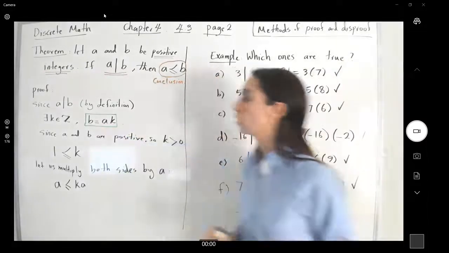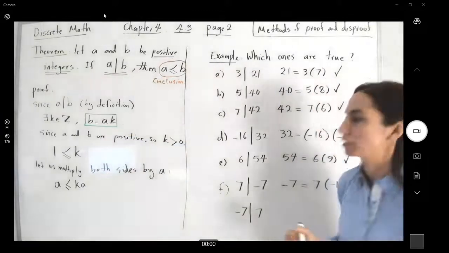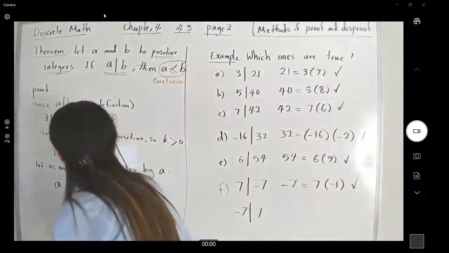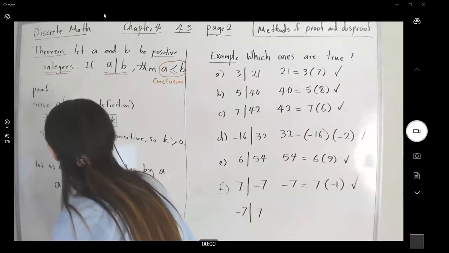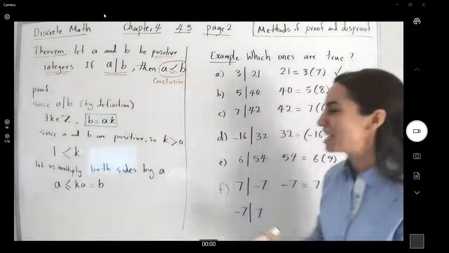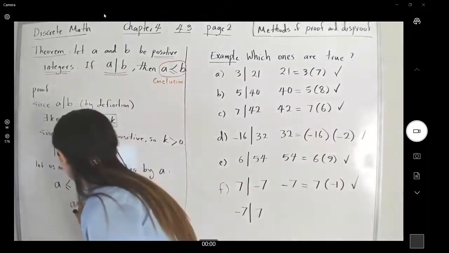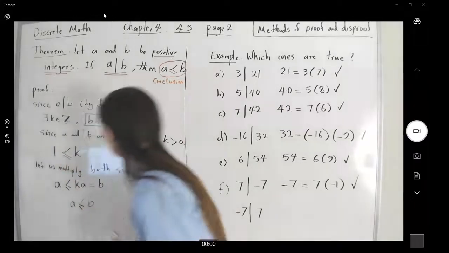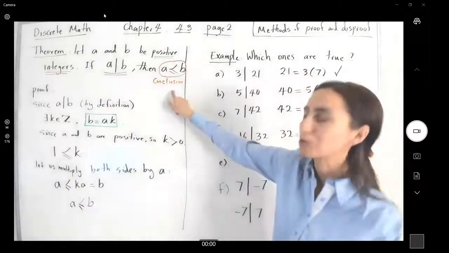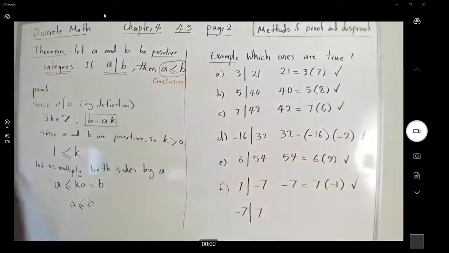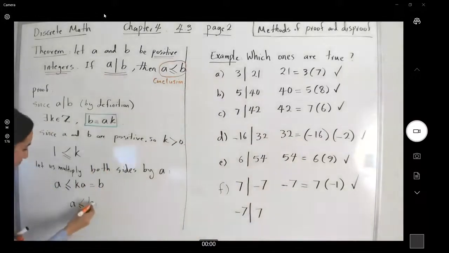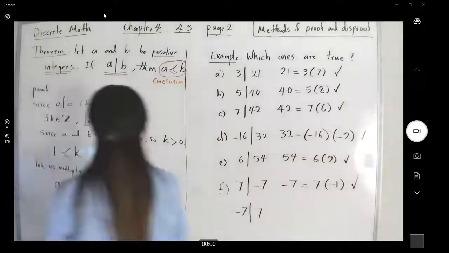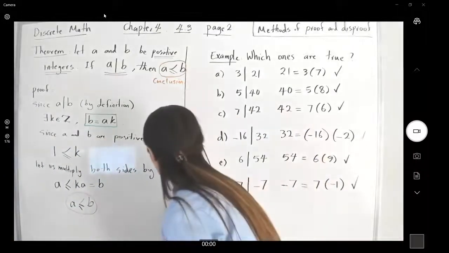B is equal to the product between A and K. This is equal to, well, I just showed that A is less than or equal to B, which is the conclusion that I was trying to reach. So we're done with our proof.